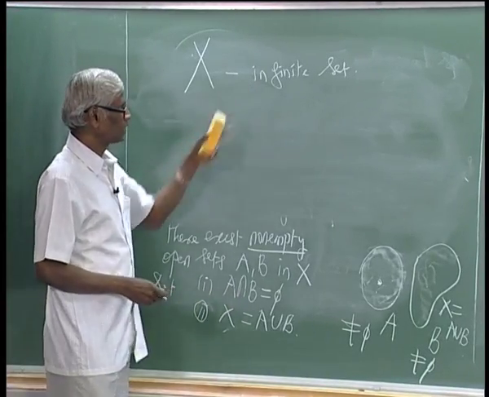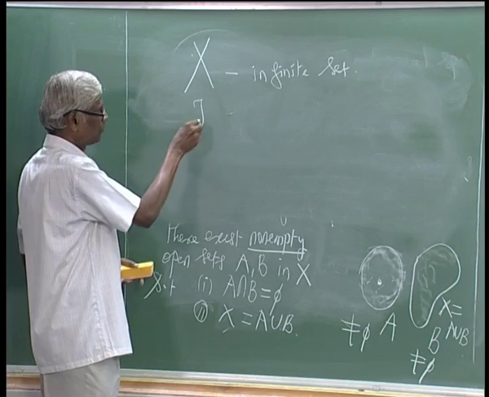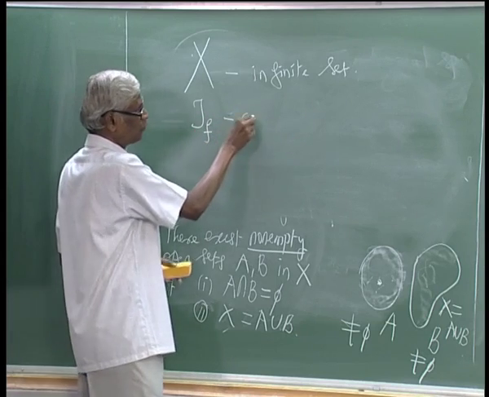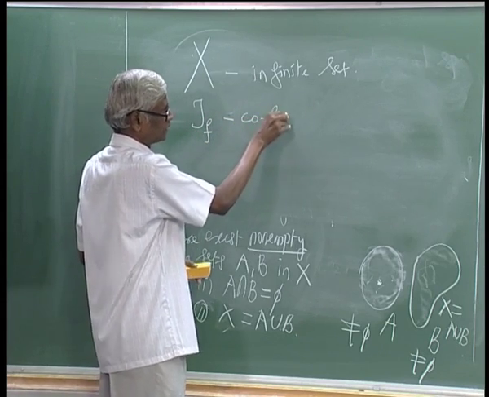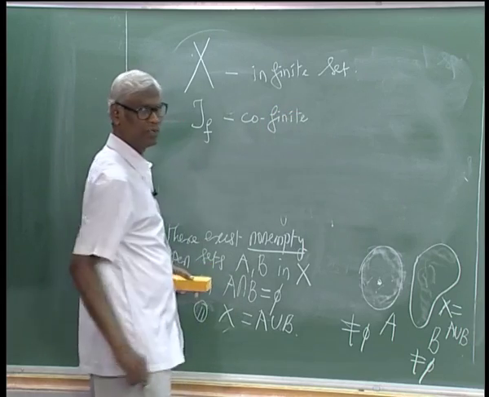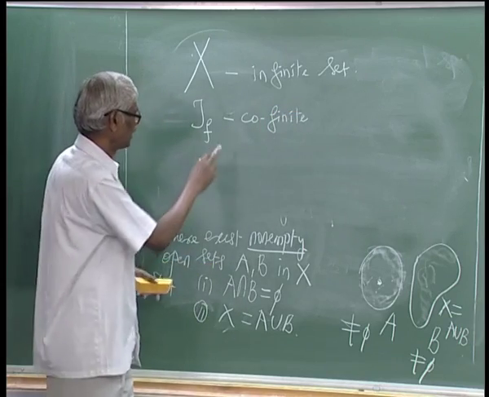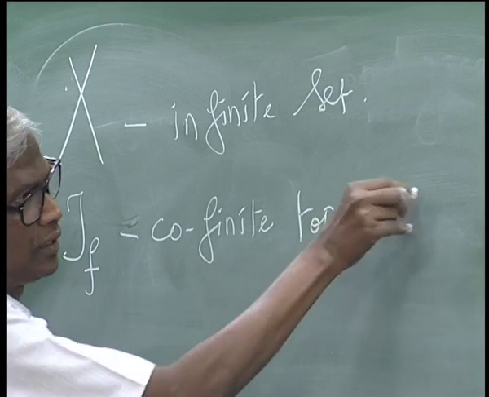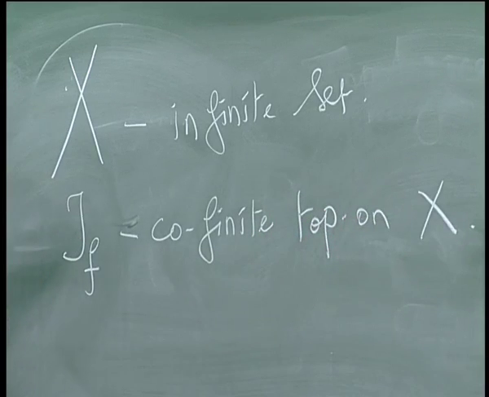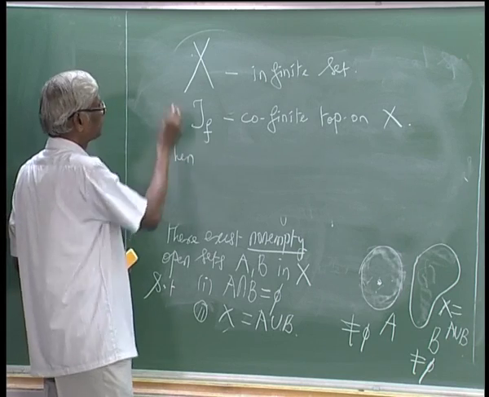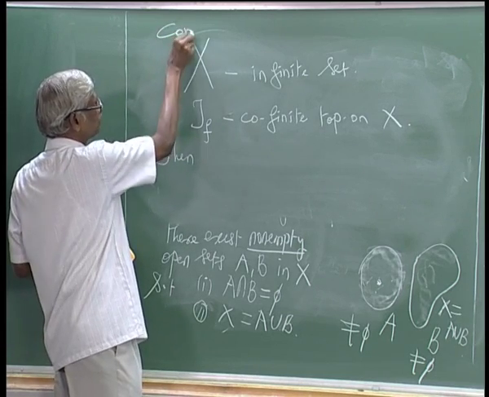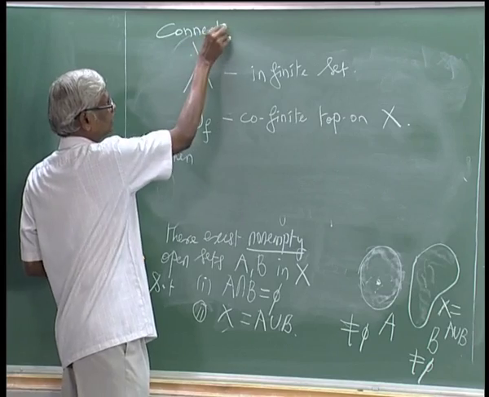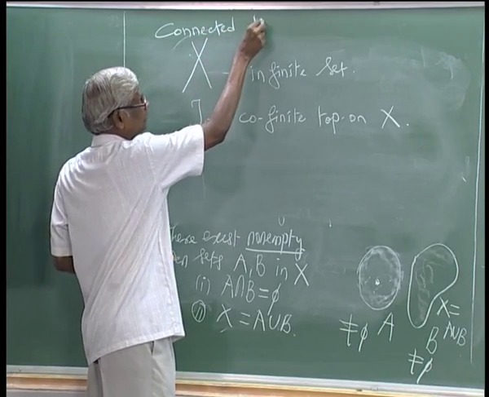Take X any infinite set, and tau_f the co-finite topology, that means the complement of every non-empty open set is finite, the co-finite topology on X. We are giving an example of a connected topological space.